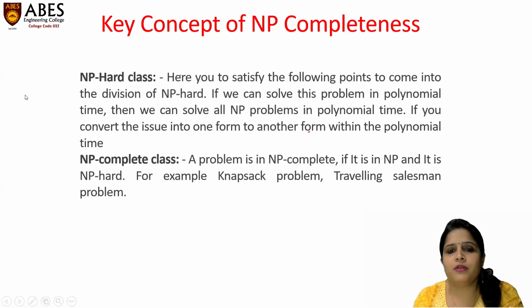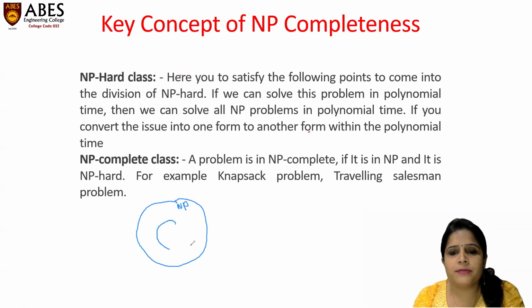So here we again draw a diagram. Our previous diagram, the large set of problems is the NP problem. P is a subset of NP. Then we take another set that is called the NP hard problem. These all are NP hard.